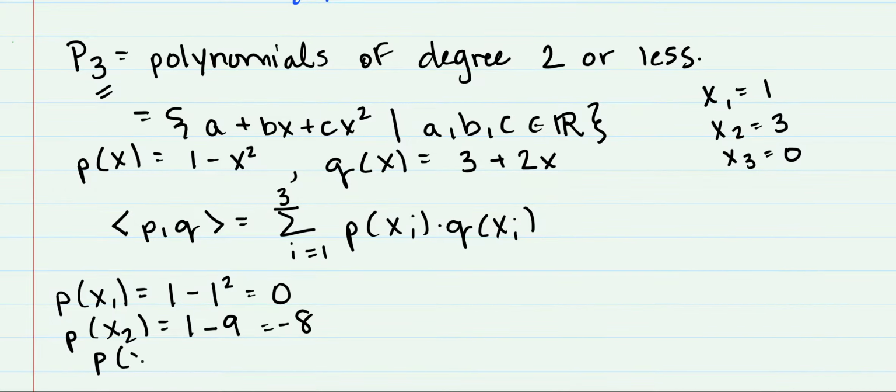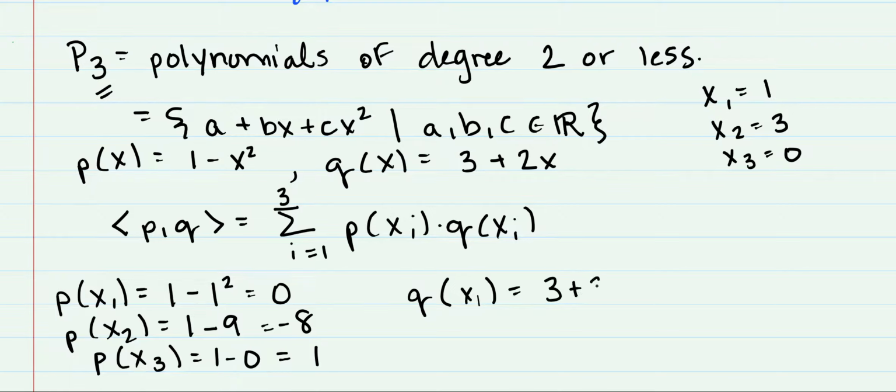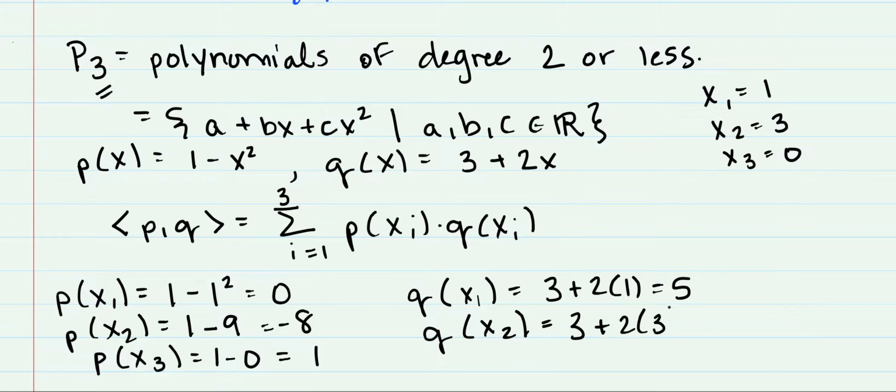And p of x3 is 1 minus 0, which is 1. q of x1 is just 3 plus 2 times 1, so that's 5. q of x2 is 3 plus 6, which is 9. And then q of x3 is 3 plus 0, which is 3.